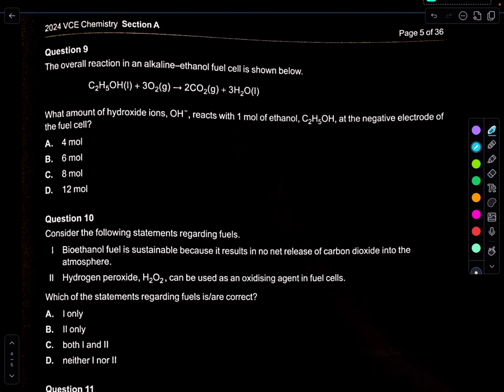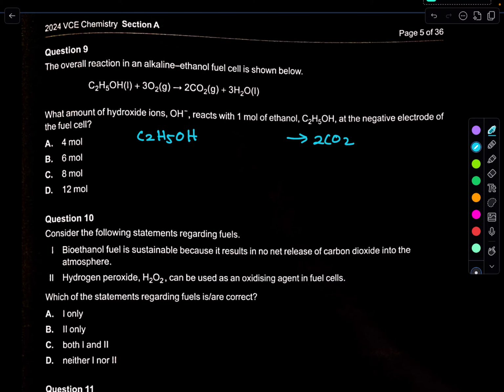The overall reaction in an alkaline ethanol fuel cell is shown below. What amount of hydroxide ions reacts with 1 mole of ethanol at the negative electrode of the fuel cell? The problem with this is, you would want to make a half equation, so C2H5OH becomes 2CO2.